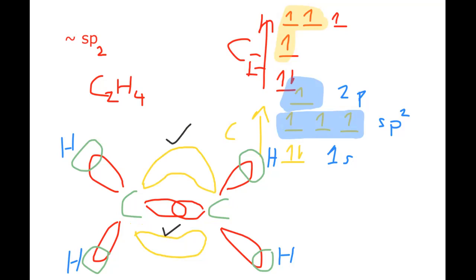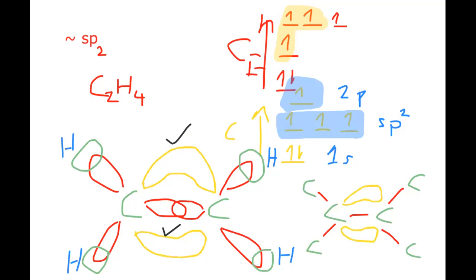A more simplified diagram could be, and we can show the pi bond in this way.